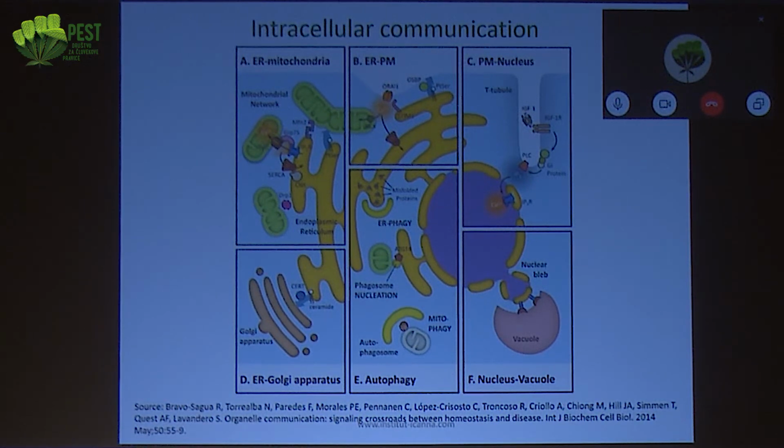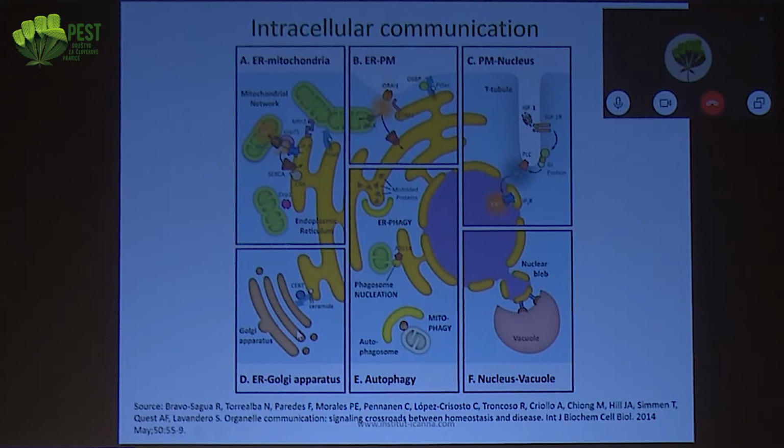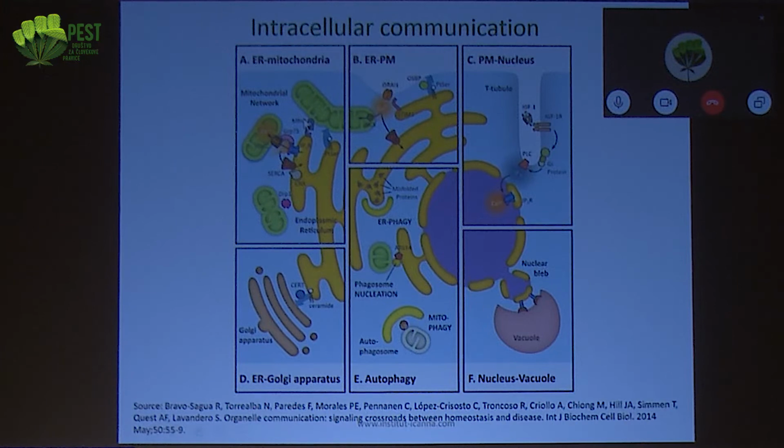And this is what we call intracellular communication. So how well the nucleus is telling other organelles what is happening, how well the mitochondria know how much energy they have to produce, and all of these processes have to be very well regulated, and this happens through intracellular communications. So, the communication inside of one single cell.